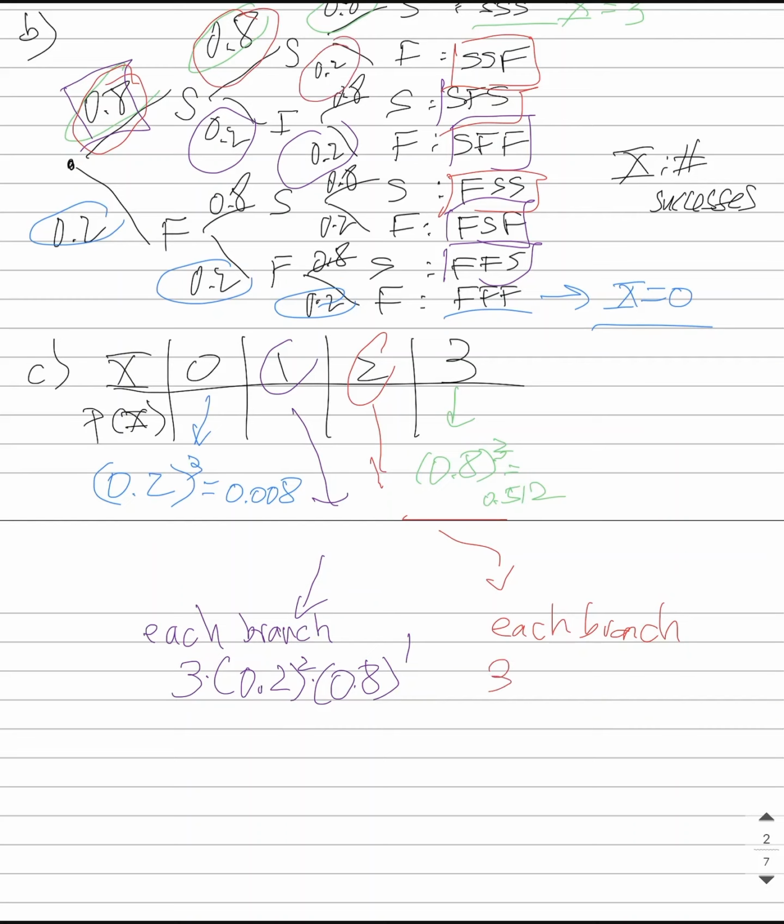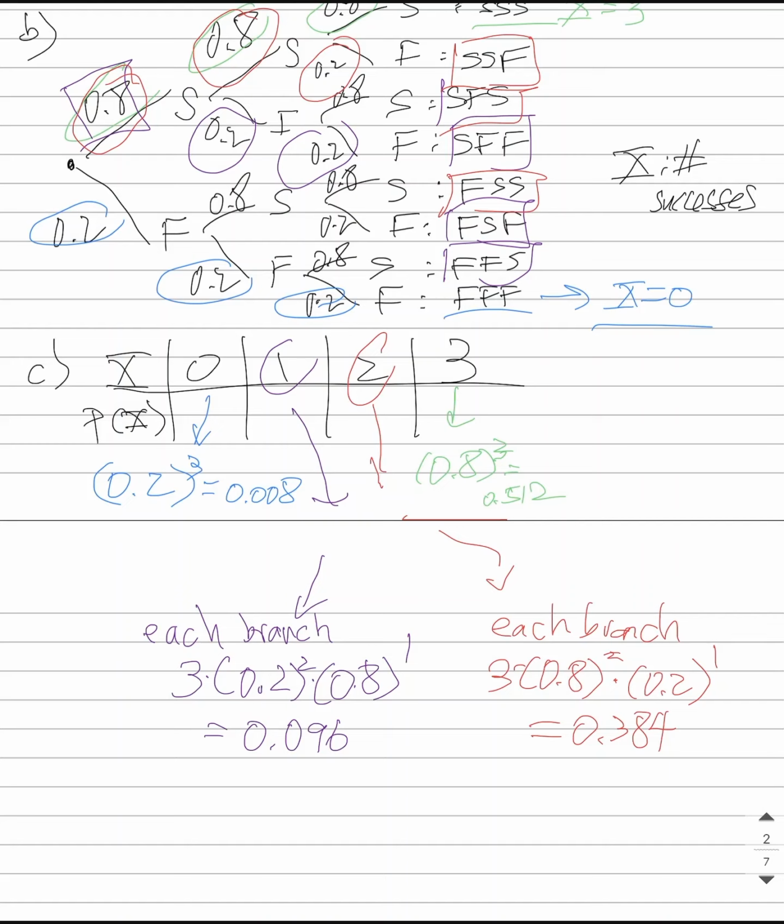So that means I will have 0.8 to the power of 2 multiplied with 0.2 to the power of 1. Now, if it comes time to crunch these numbers, crunching the numbers is not really a big deal. You can take a calculator and hammer them out. So for instance, that one is going to be 0.096, whereas this one is going to be 0.384.